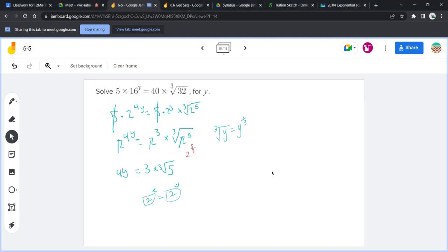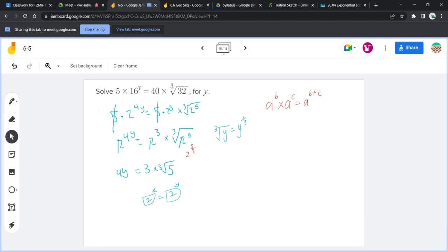So next one is if we have a to the power b times a to the power c, we can simply find it by adding the index.